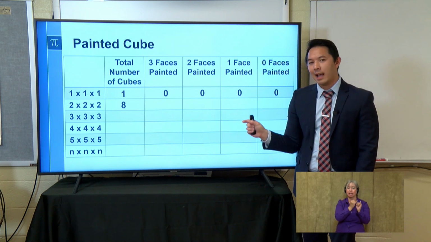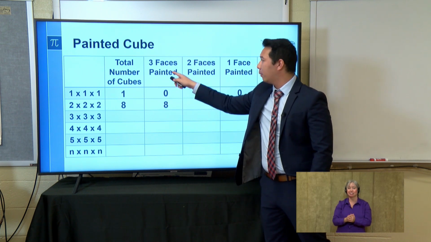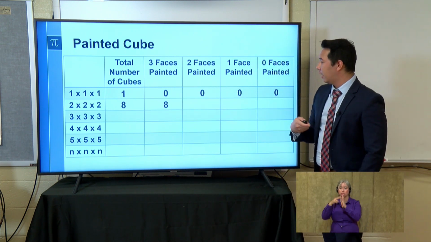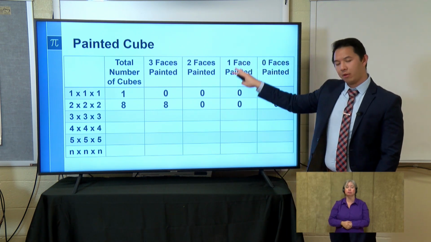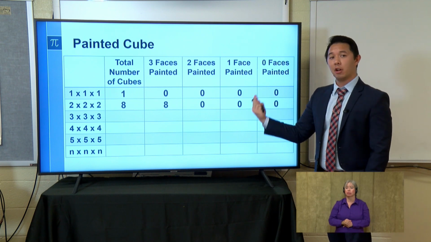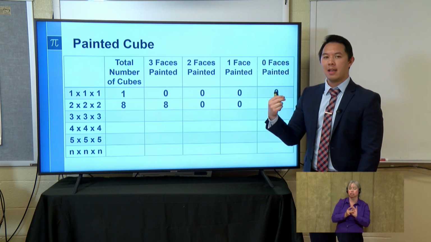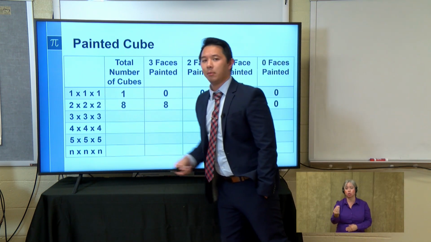And if I painted the entire thing, we stated a second ago that all 8 of them are going to have exactly 3 faces painted, which means the rest are going to fill out to be 0. And again, I'm creating this table structure for us to determine whether or not there is any kind of functional relationship. Can I have a unique output based on this unique input?